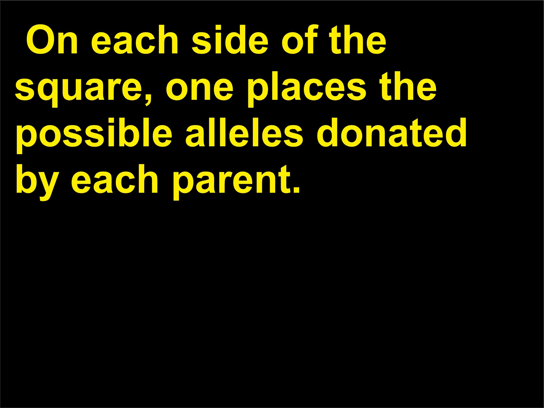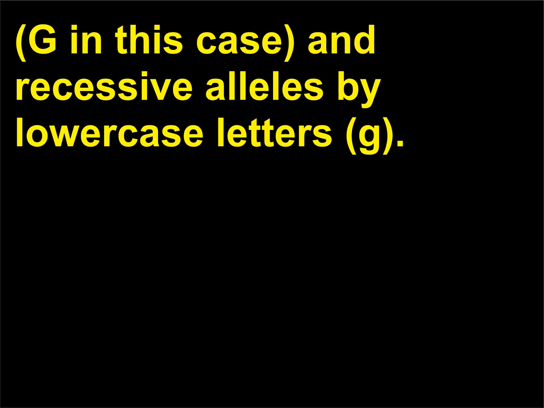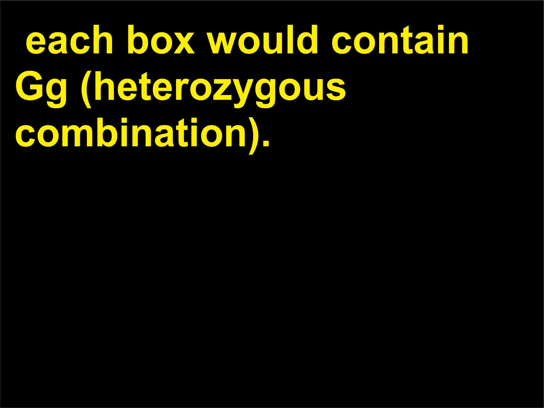On each side of the square, one places the possible alleles donated by each parent. Dominant alleles are represented by capital letters, G in this case, and recessive alleles by lowercase letters, g. Inside the boxes are the allelic combinations. In this case, each box would contain Gg, a heterozygous combination.